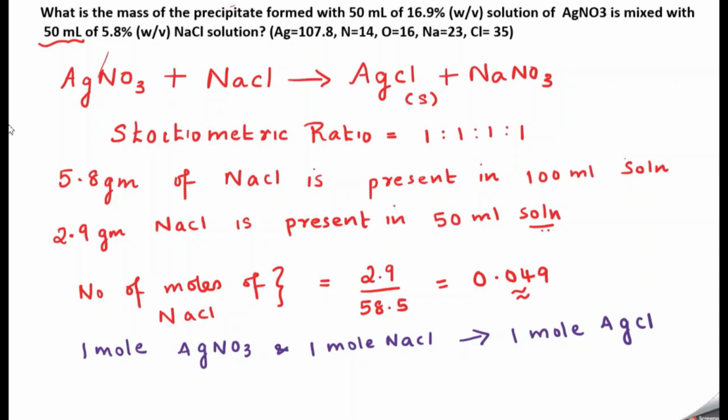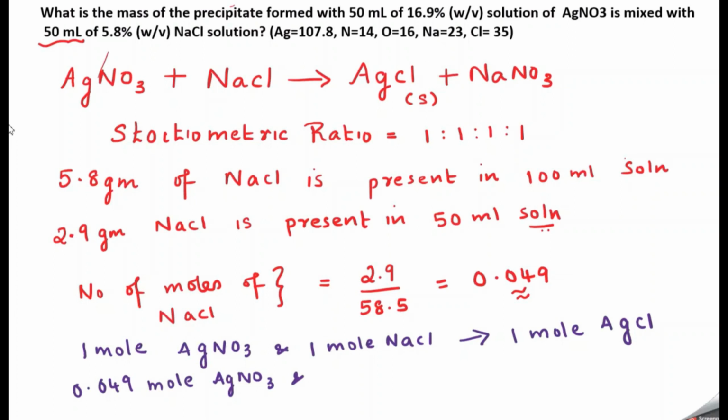Now how many moles of AgNO3 are given to you? 0.049. So I can write 0.049 mole AgNO3, and the same amount is present for NaCl. If it were a different value, then we would need to find the limiting reagent. In this case that is not required because both values are almost the same, since 1 mole of AgNO3 and 1 mole of NaCl will produce 1 mole AgCl.